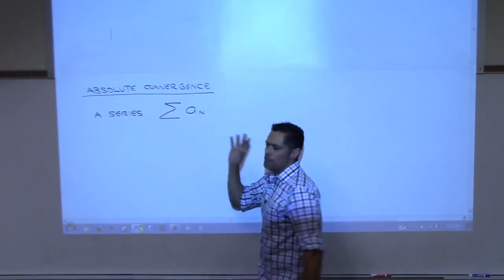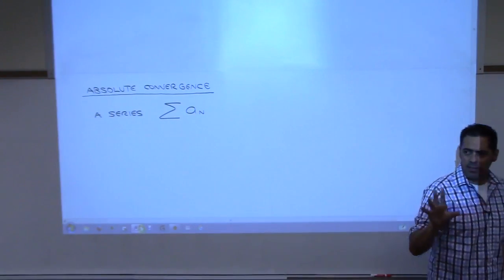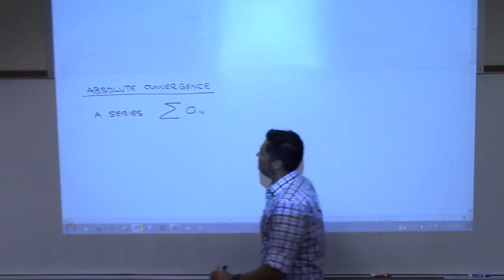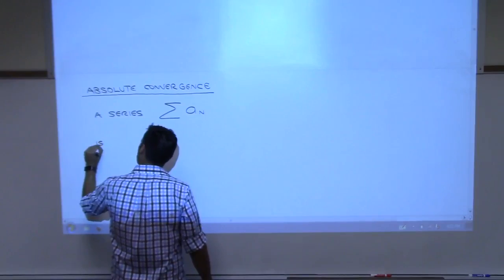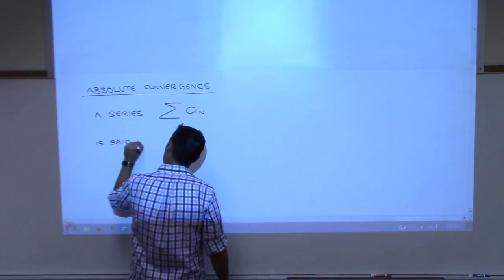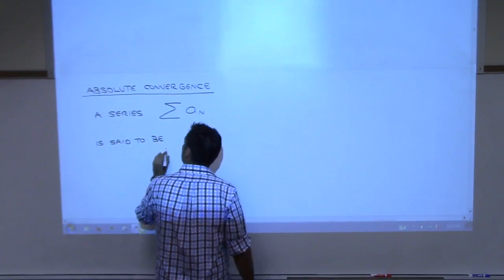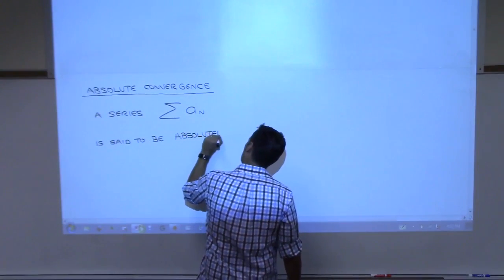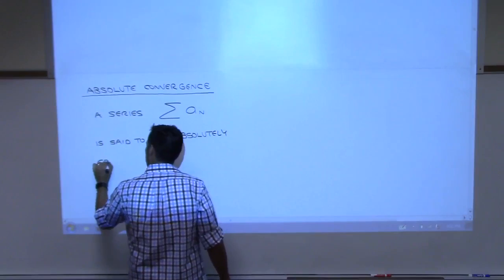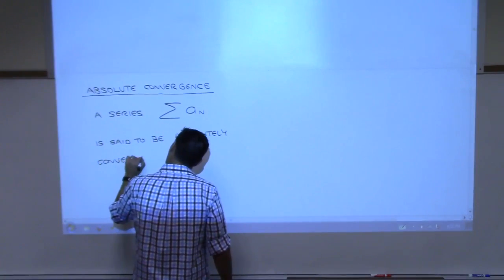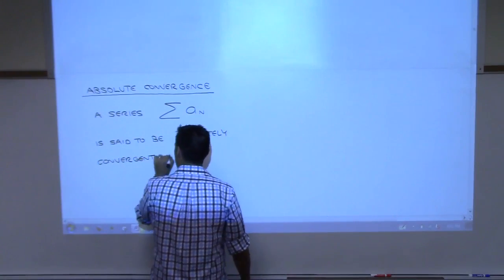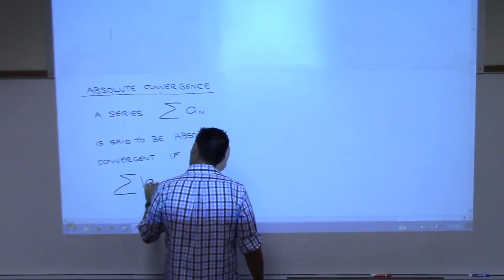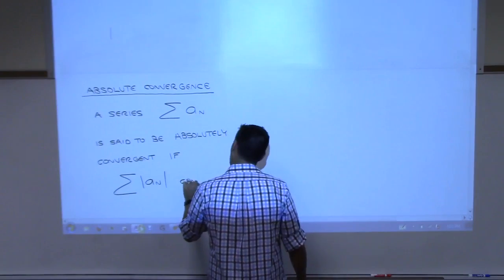So this could be alternating. It could be just a regular series. We got a series, all right? A series is said to be absolutely convergent if the absolute value of this series converges.